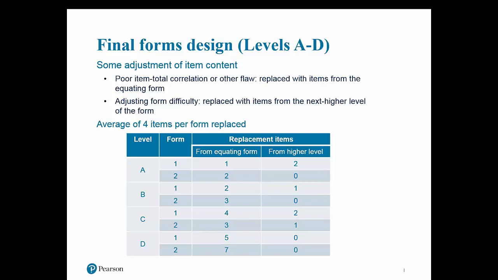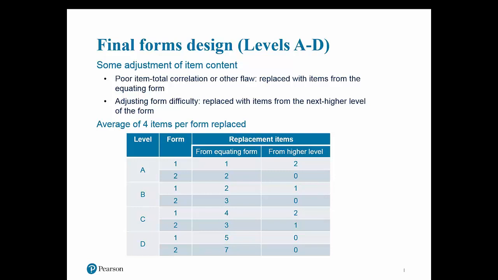In those cases, we would pull from the equating form to find items that were of the appropriate level of difficulty and had already been calibrated with the Form 1 and Form 2 items. And the other reason for making adjustments in the item content was if we did find that some of the forms were not as difficult, did not have the high end that we needed.